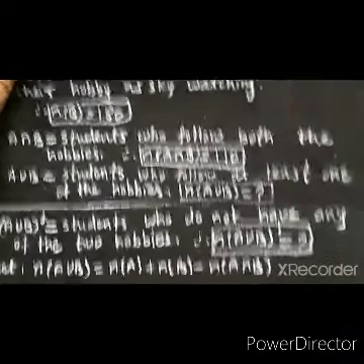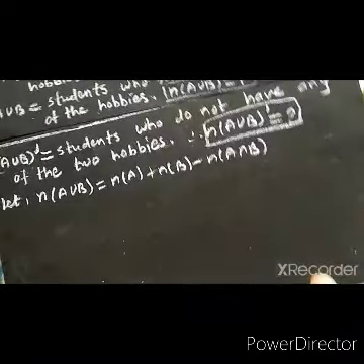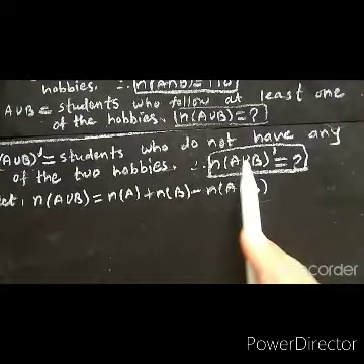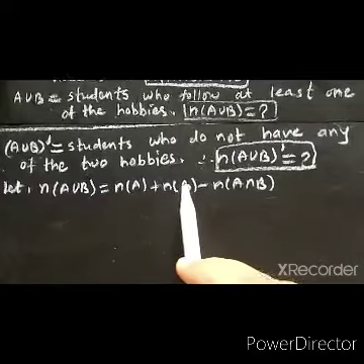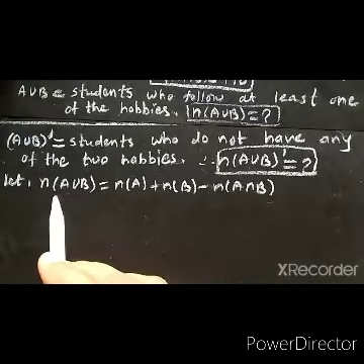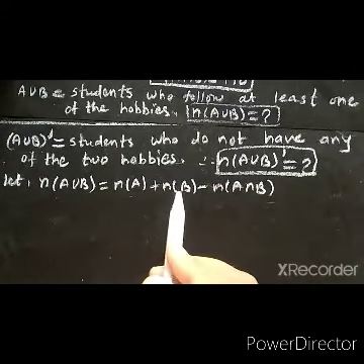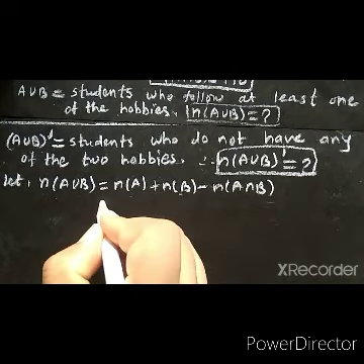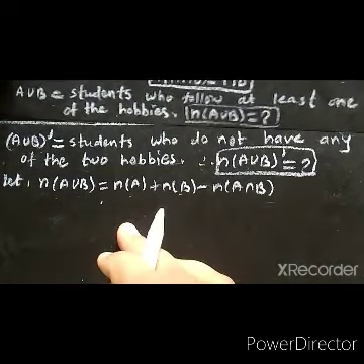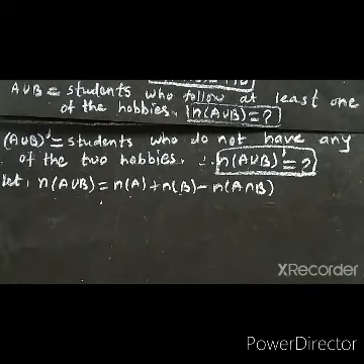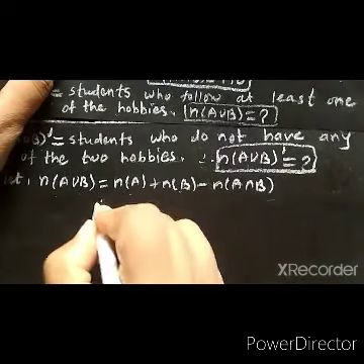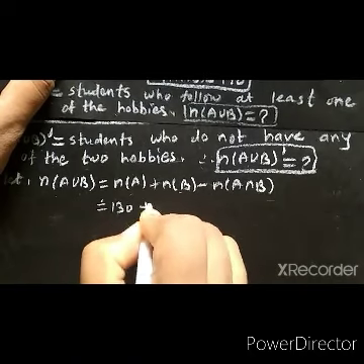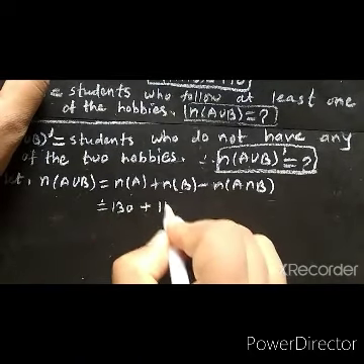So we know the formula. For this, we have to find n of A union B. So here we know the formula: n of A union B is equal to n of A plus n of B minus n of A intersection B. Here we have n of A, that is 130, so we can put 130 here. n of B is equal to 180.